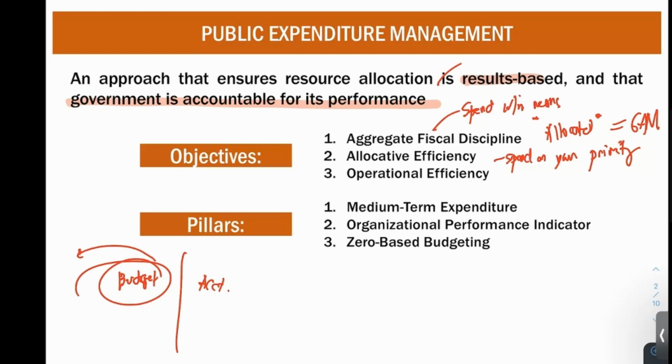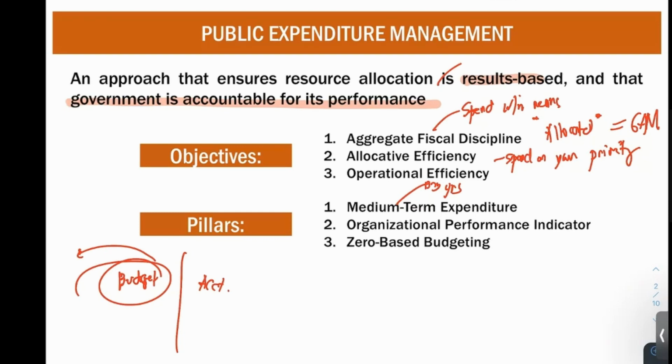So when you say you link your budget over your medium term, when you say medium term, it is not short term, it is not long term, but it is within those period. Okay. So when I say medium term, normally this is 3 years. It is not short, it is not long, it is a medium term.